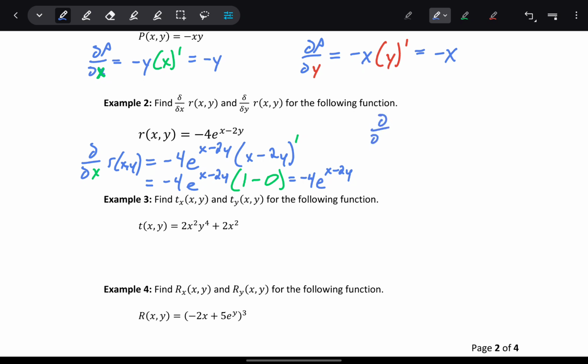Now, to take the partial derivative with respect to y, we start off the same since we're still differentiating an exponential function with the chain rule.